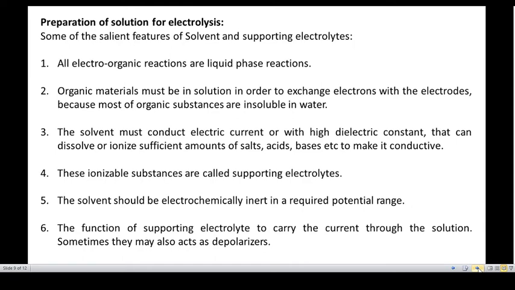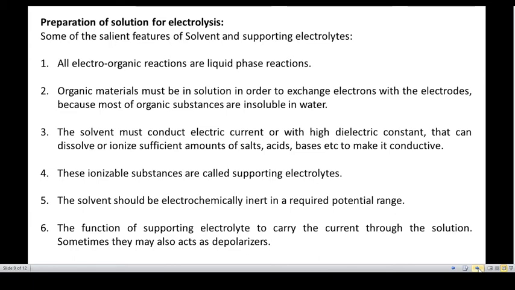So all electroorganic reactions take place in a liquid medium, therefore you have to choose a solvent. Organic materials must be in solution in order to exchange electrons with the electrodes, because organic substances are not soluble in water. Therefore, you have to choose a particular solvent so that exchange of electrons can easily take place between the reactant and electrode.